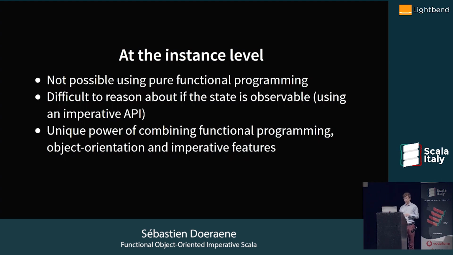This you cannot write in a purely functional language. I will repeat this. This you cannot write in a purely functional programming language. People will say, but of course you can. You just have to put it in a monad, and the monad will keep the state hidden.